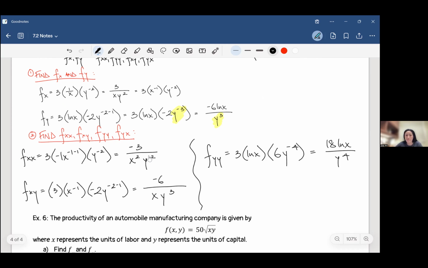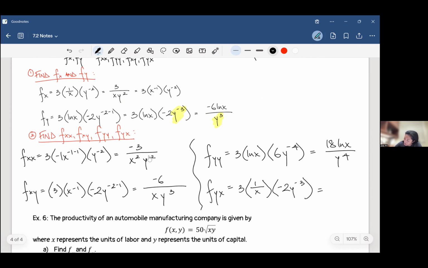Okay. All right, now last one here, fyx. That means I'm going back to my fy and I'm taking a derivative with respect to x. And so that's going to give me 3 times 1 over x times negative 2y to the negative 3.